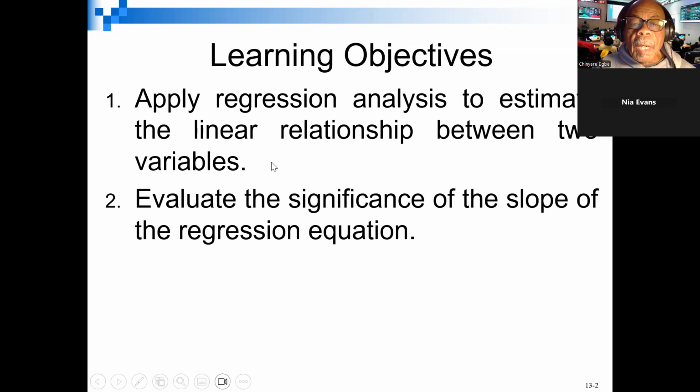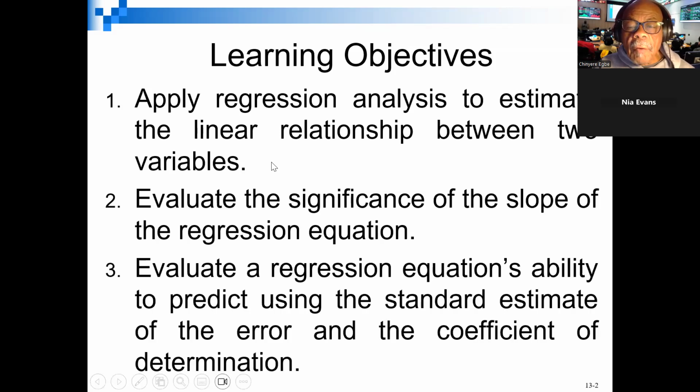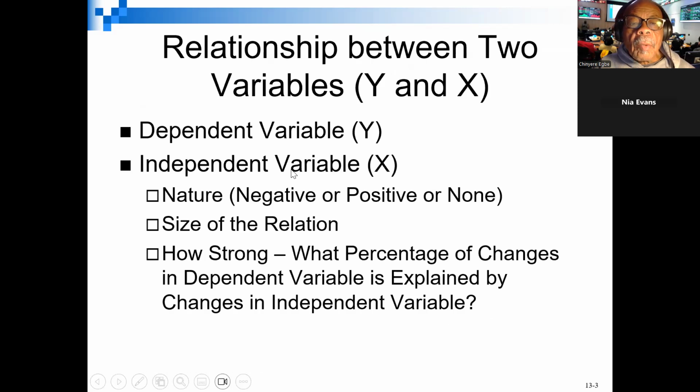All along, we have been talking about one variable at a time. But here, we are going to look at the relationship between two variables. Now, you can look at two variables, but one at a time.